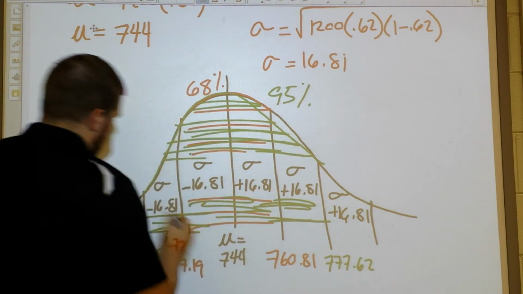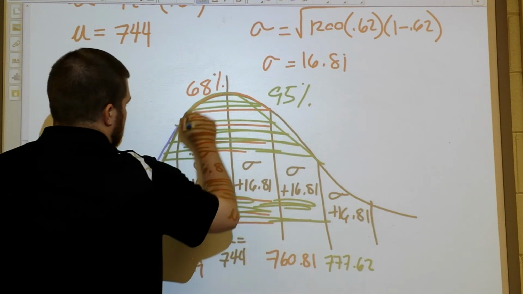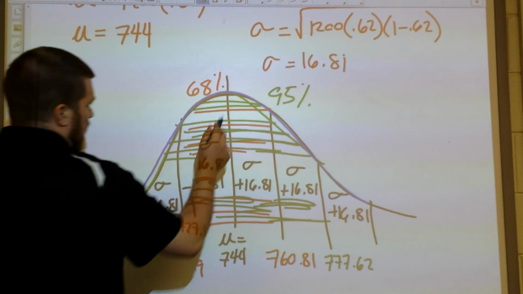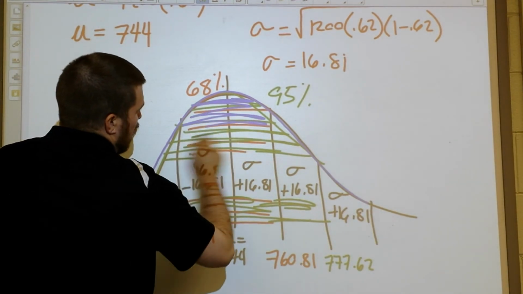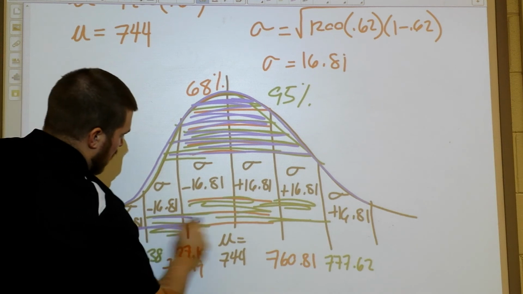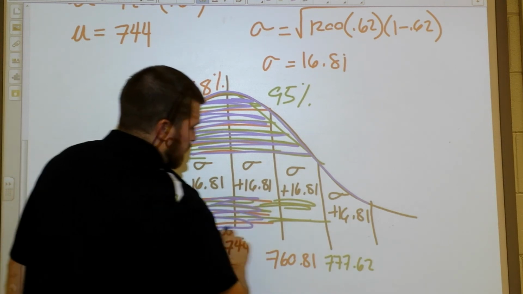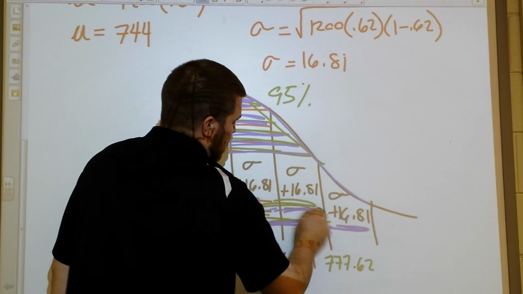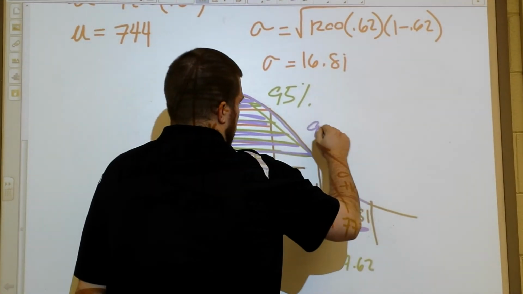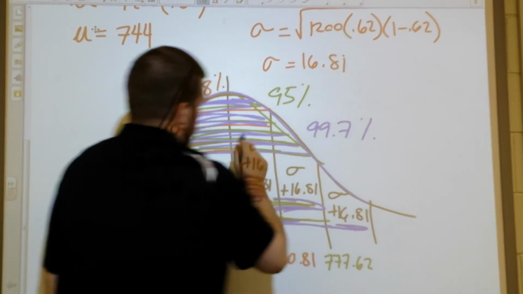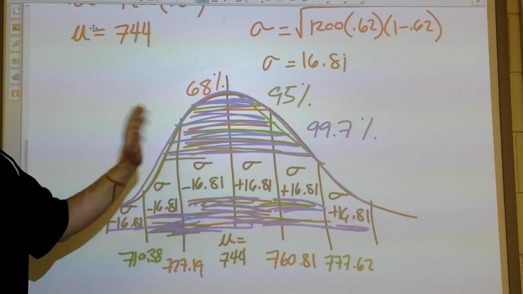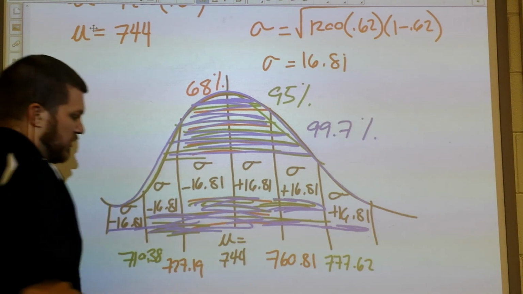And this is where, based on the 68, 95, 99.7% rule, we are now going to be 99.7% confident that all voters are going to fall within this range. So when we report this information to the media, we essentially guarantee that what we're saying is accurate, because within this blue range, 99.7% of all voters who were sampled out of that 1,200 should fall.